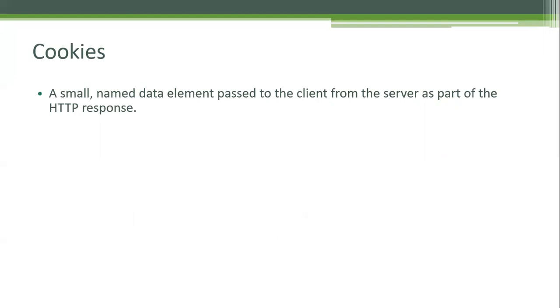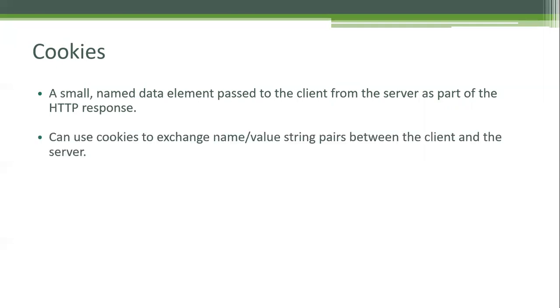To maintain the session or to store user details, a small piece of information is passed from server to client in the form of a cookie. We use cookies to exchange name value string pairs between client and server.